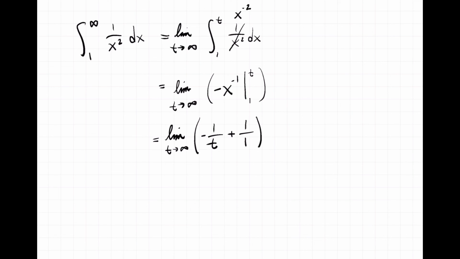So what we actually have here is the limit as t goes to infinity of 1 minus 1 over t. Well, as t goes to infinity, 1 over t is going to go to 0. So this part here is going to go to 0. We'll have 1 minus 0. Our answer is actually 1. So this integral actually converges.